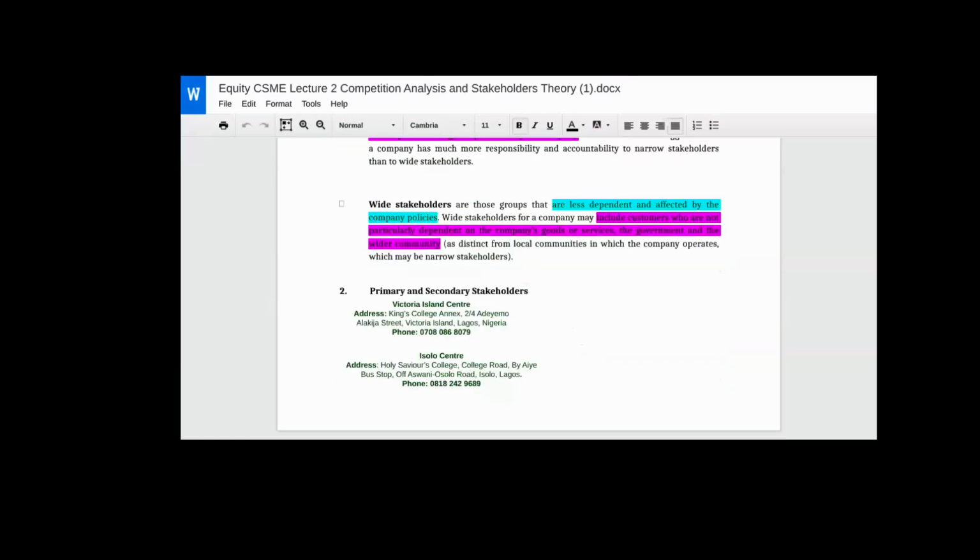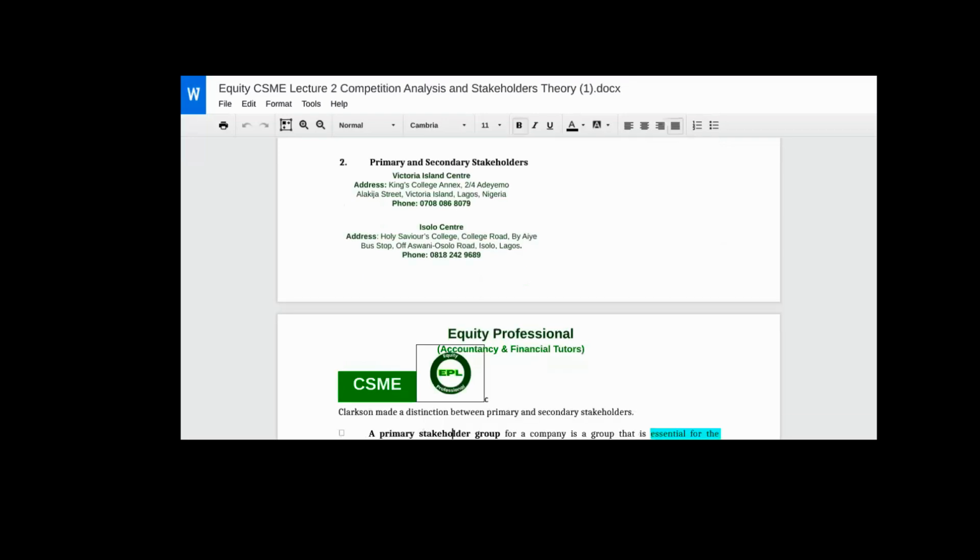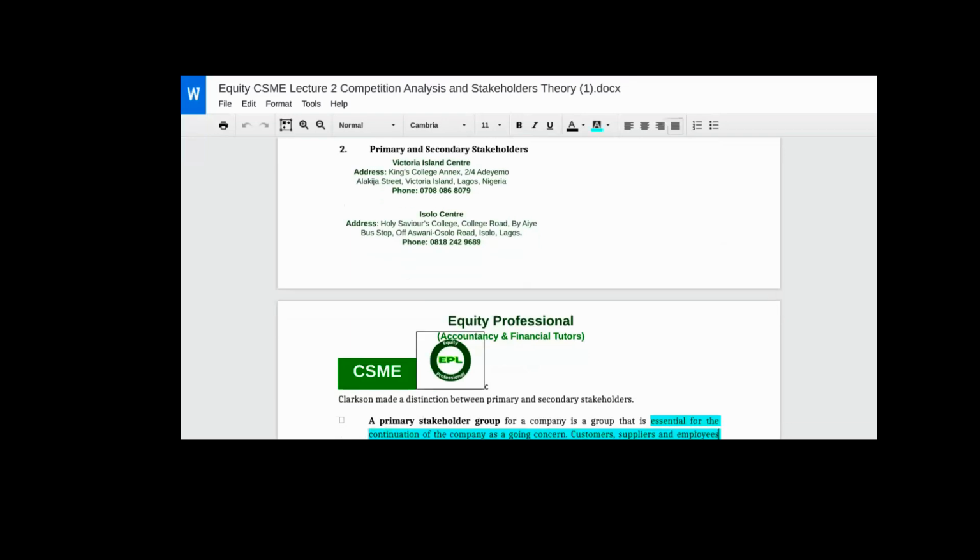So primary stakeholders and secondary stakeholders. This is another type of stakeholders. When you look at the primary stakeholders, they are a group of stakeholders that are essential for the achievement of the company objective and sustainable growth. Those are the people we call primary stakeholders.